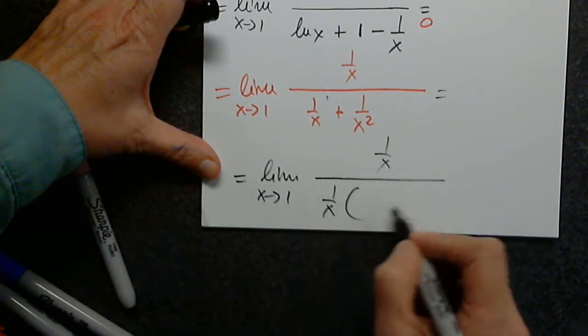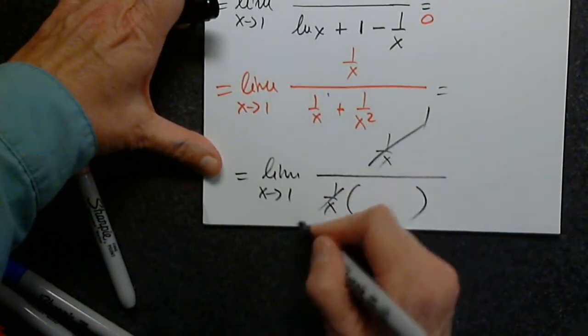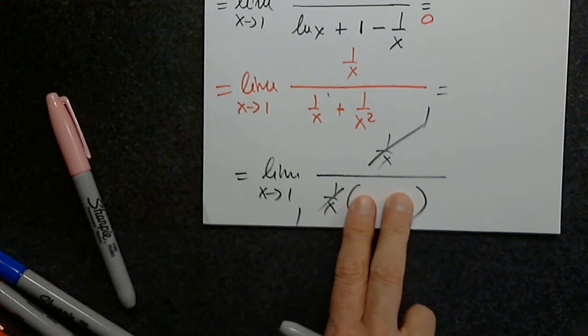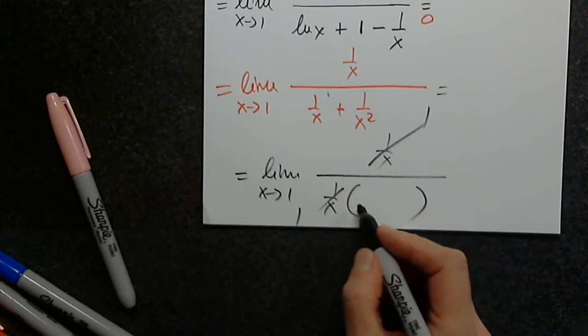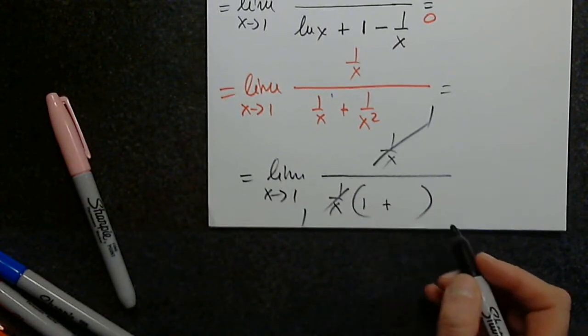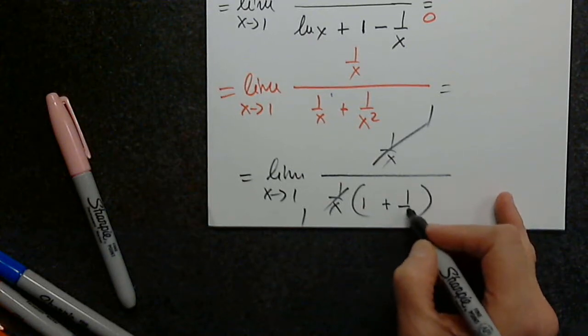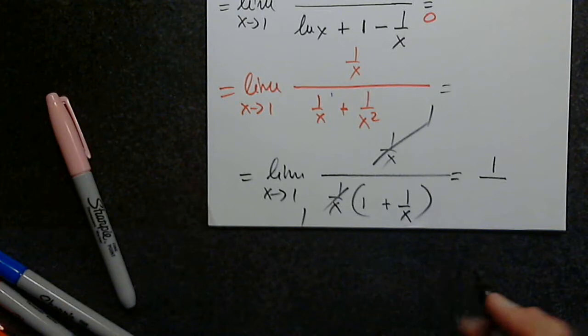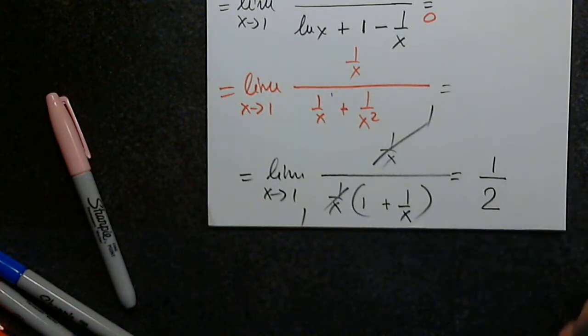Indeed. That's my hope. But let's see what is left. You have to give me two terms. The first term will be 1 plus. Indeed. Awesome. So now we got rid of 1 over x. The top goes to 1. The denominator goes to 2. And that's it.